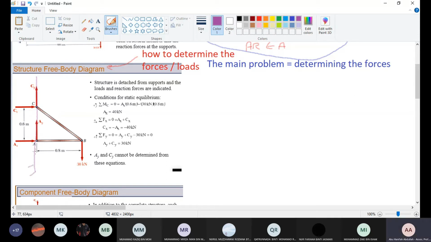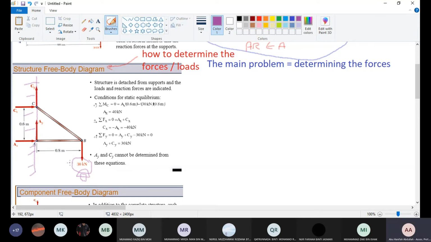Normally we symbolize a wall as solid here. And then we have installed a beam CB, which is a rod, and a rectangle AB. And then we hang something, which is 30 kilonewton of load. Maybe a lamp or light or whatever, which is hanging from here. Imagine it's just a huge chandelier, for example, hanging there, which is 30 kilonewton.